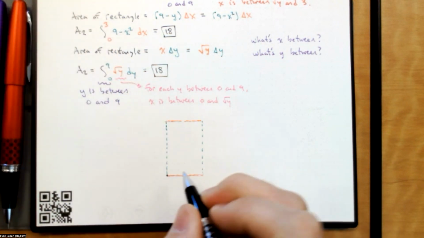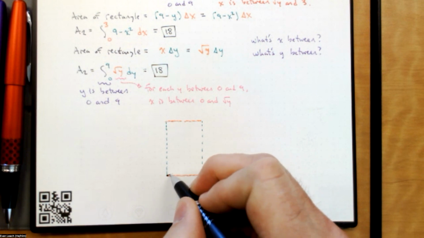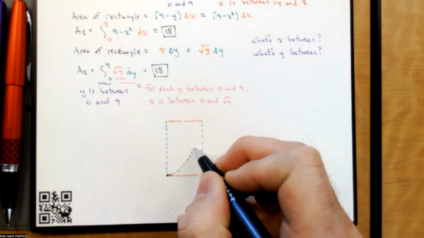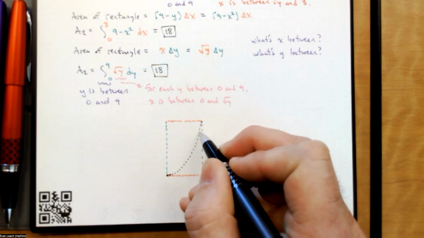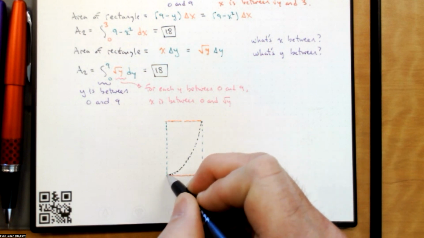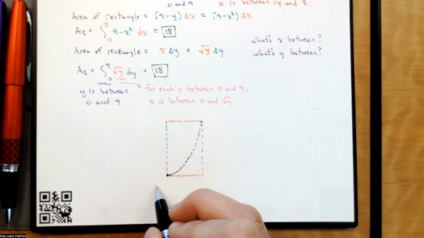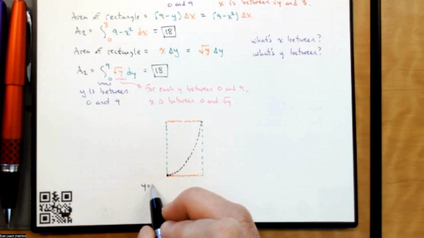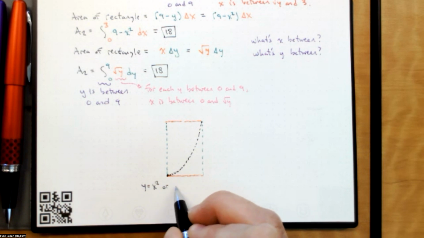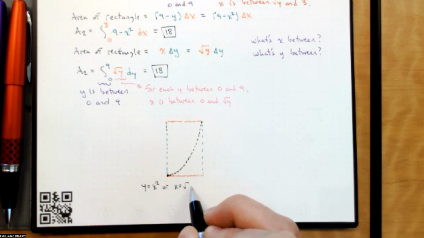Now, there are a bunch of different places I could put a parabola. Down here at this point, if this is the origin down here, if I have the vertex down here, then I was describing this as y equals x squared or x equals square root of y.